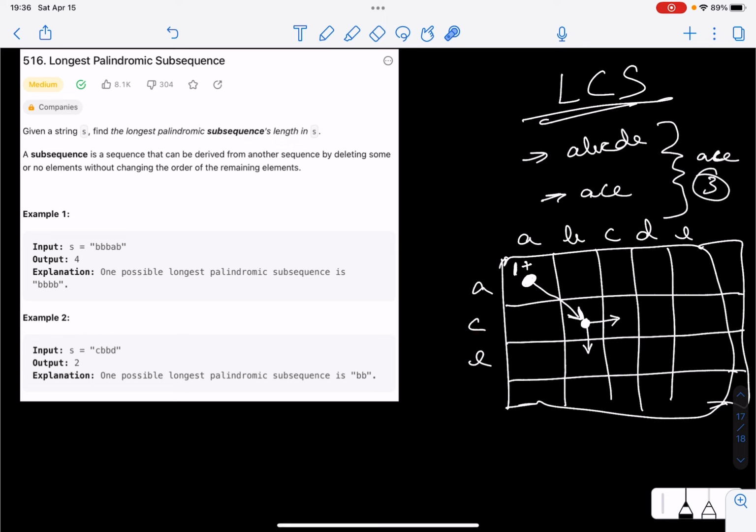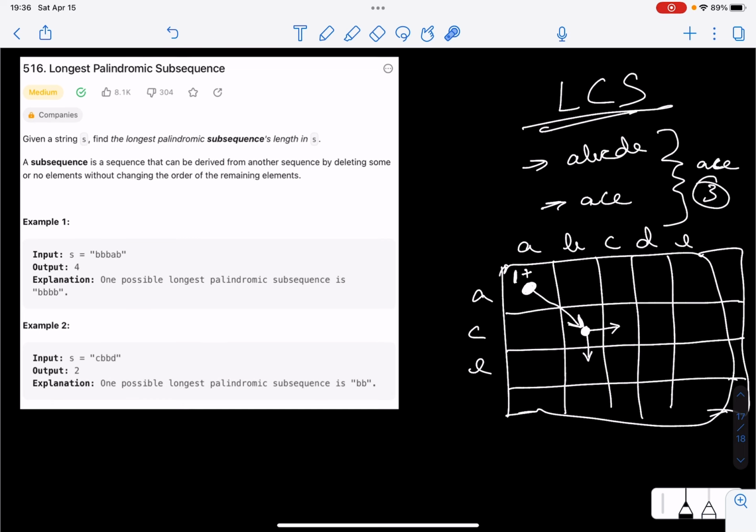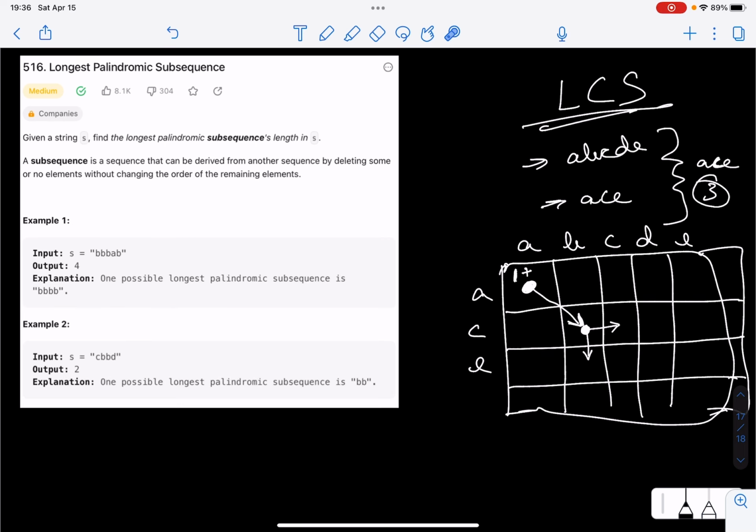So we try to find the longest common subsequence between B, C, D, E and E, or C, E and C, D, E. So the maximum of that is taken over here in this cell. For a longer explanation, I would highly recommend you to check out the longest common subsequence video that I have posted. But essentially, this is the main idea of this question.